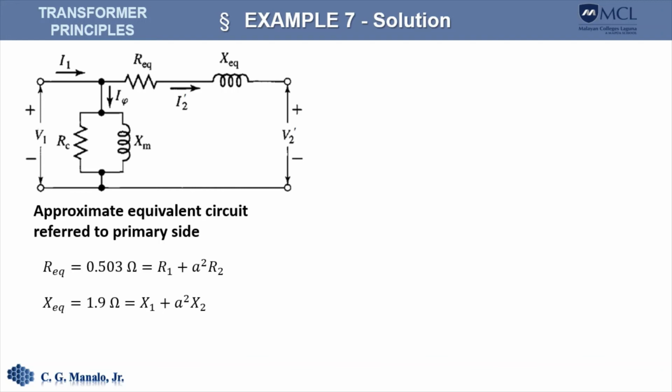So for the equivalent circuit, we first use the approximate equivalent circuit of the transformer referred to the primary side. So here we already have a value for Req and Xeq. So these are the values. And then we translate those values to the secondary side to come up with the equivalent circuit referred to the low voltage side.